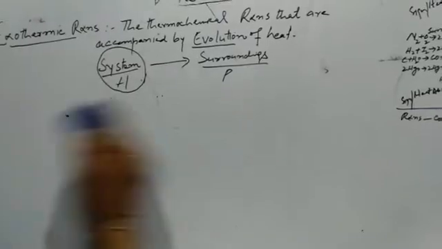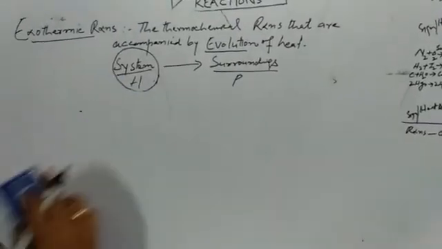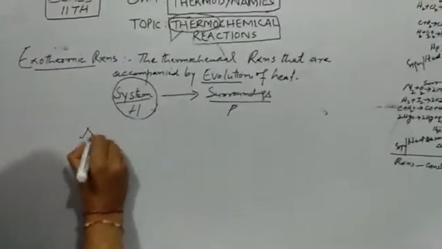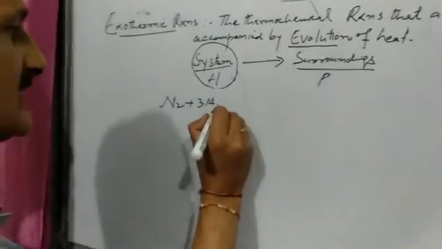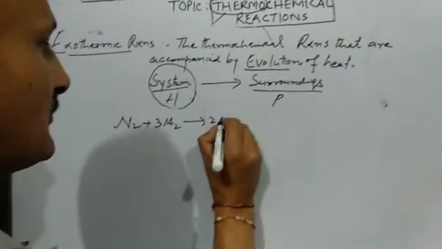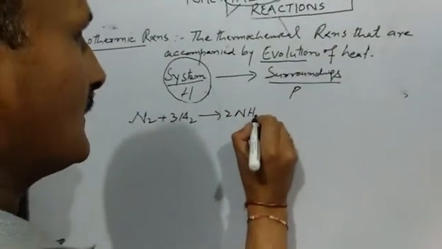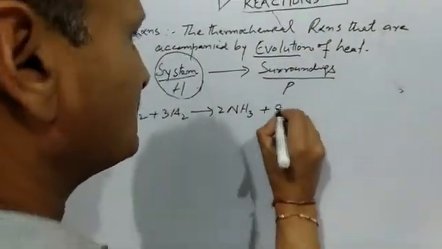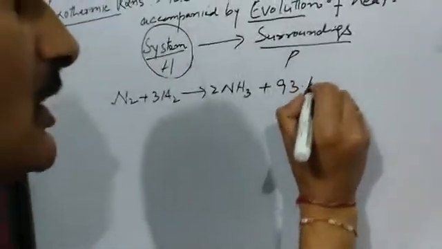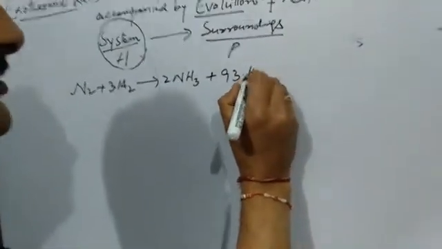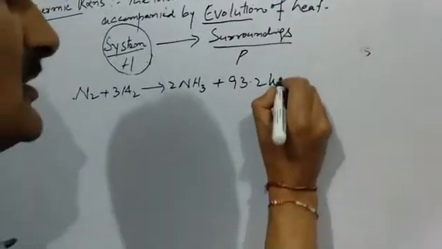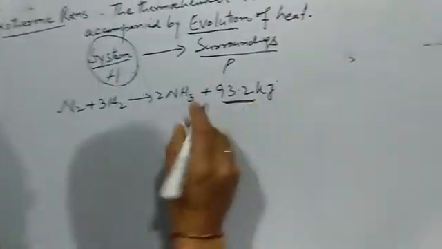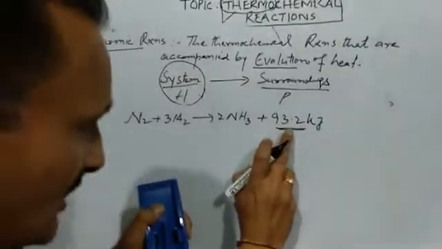Now coming to certain examples, say this is nitrogen plus hydrogen, both gases, they together form ammonia. Now in this reaction, see how much heat has been given out, 93.2 kilojoules. That means this much amount has been produced. That is, it has come from the system to the surroundings.